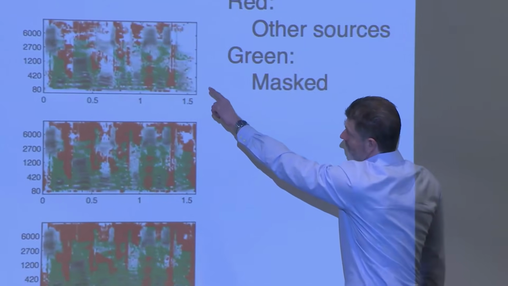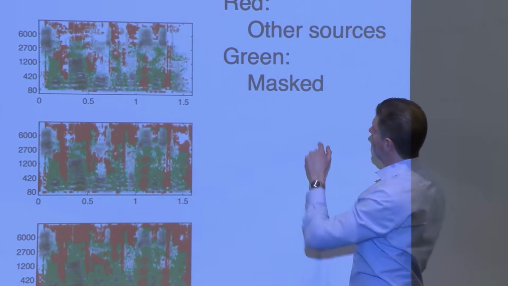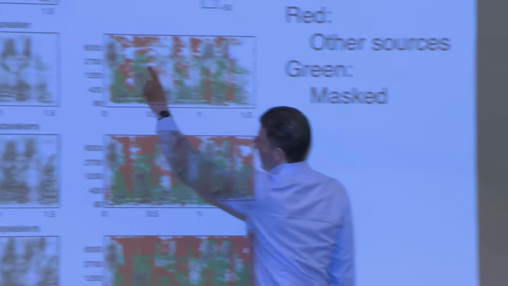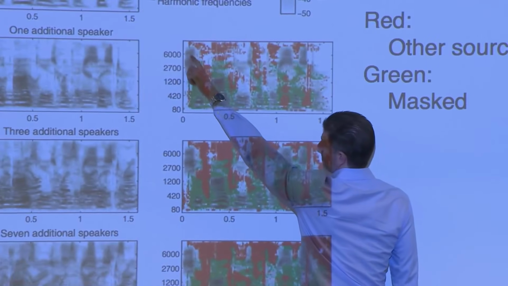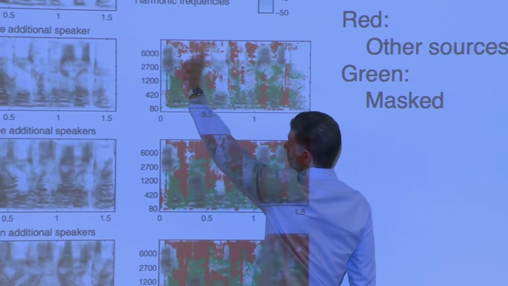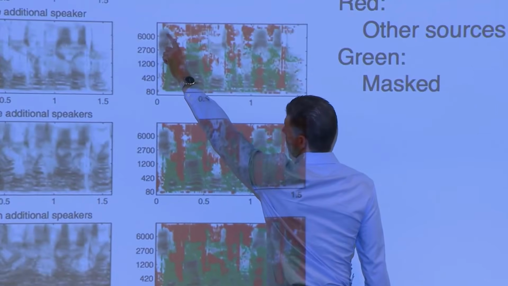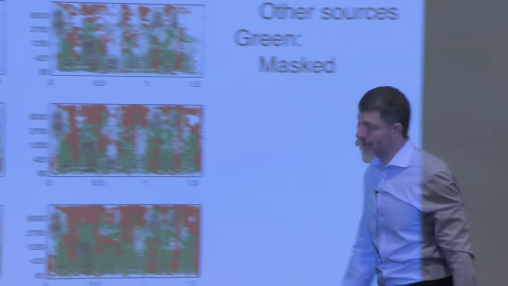And here the pixels in the cochleogram representation have been colored red if they correspond to distractor sources. All right, so this is energy from the target talker, and then this is from some other talker. All right, so you might imagine that you need to be able to figure out which bits of energy belong to one source and which belong to another source.